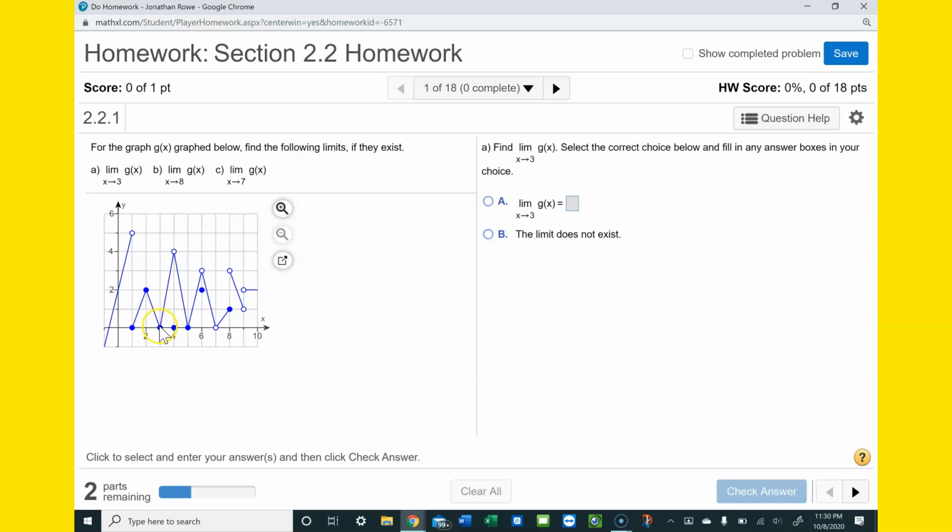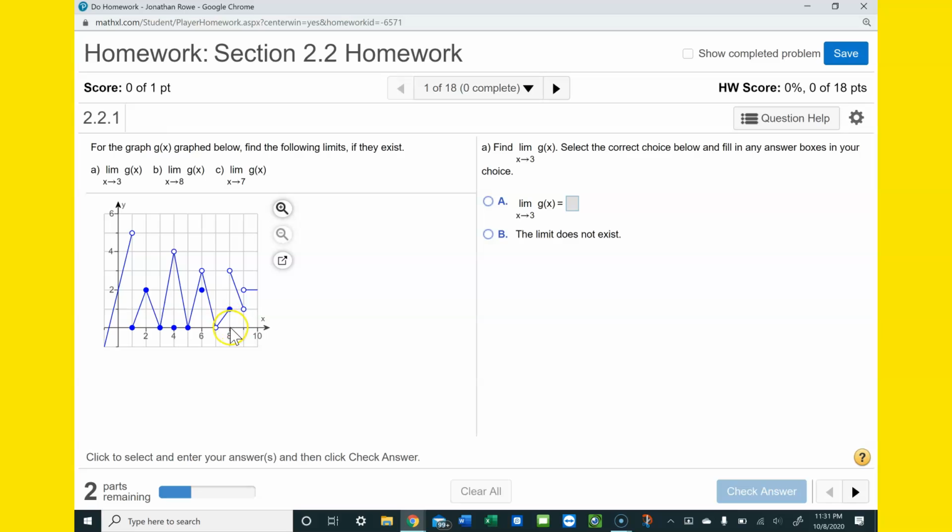All right, here is the point. The question is, is there one value of the function, the y value or the g of x value, that it is approaching as the x value approaches 3? And yes, there is one point right there. So what is the limiting value of that function as x approaches 3? It is that value right there, which is 0. All right, part B, now it's the limit as x approaches 8.